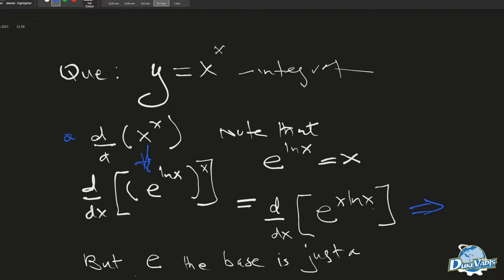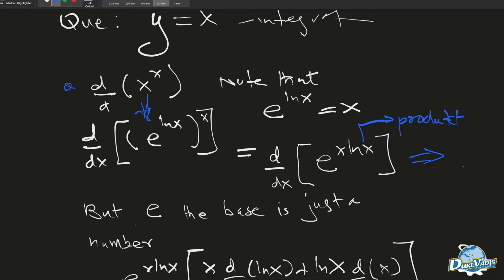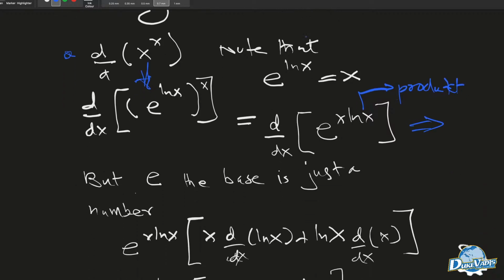So for the differential of this, you see at the top that this is a product. So what comes to our mind is that we have to apply the product rule. Since we know that e is just a number, just a base, it doesn't change anything.